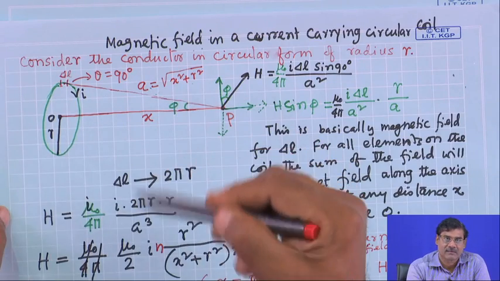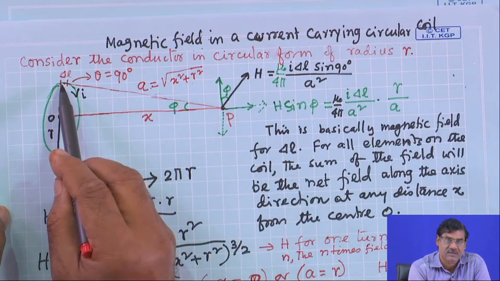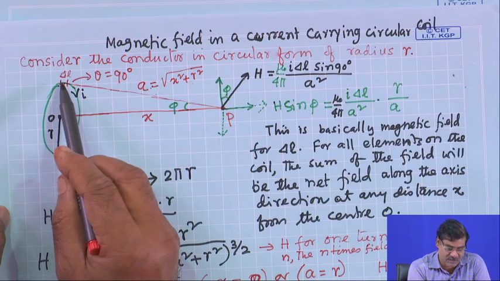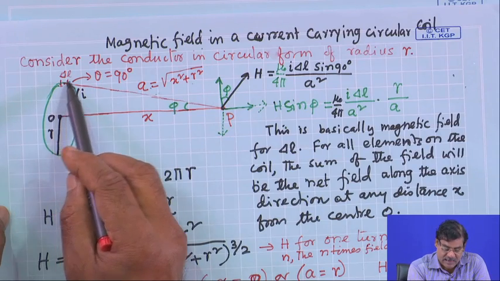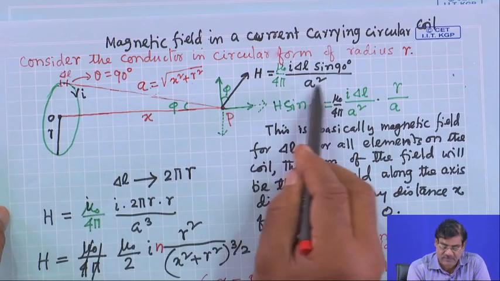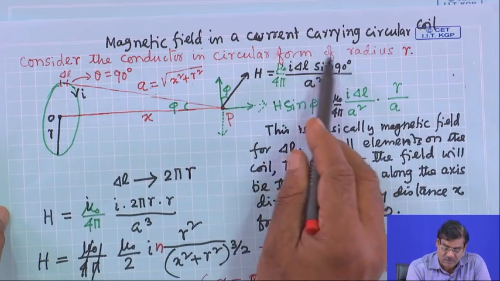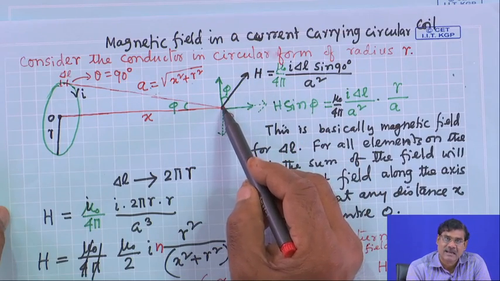In the circular coil, the distance A is just perpendicular to the current carrying conductor element. So, this angle is basically 90 degree. So, sin 90 degree divided by the distance square, A square. So, from the Biot-Savart law you can find out these things, okay.